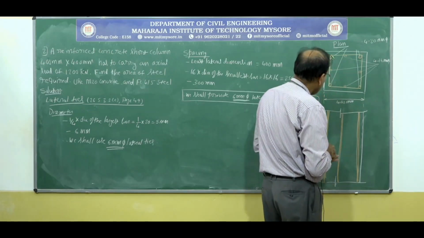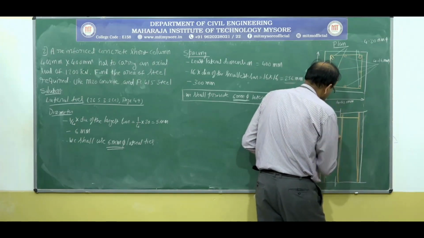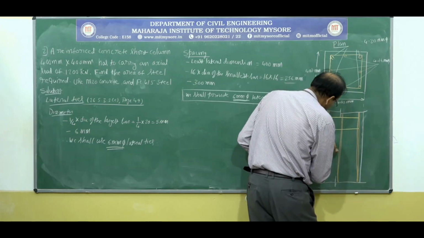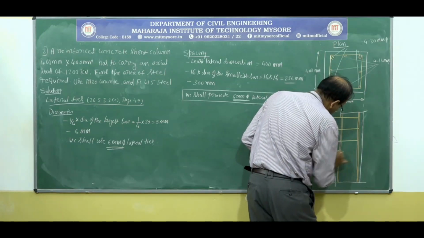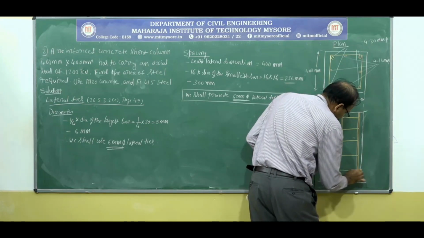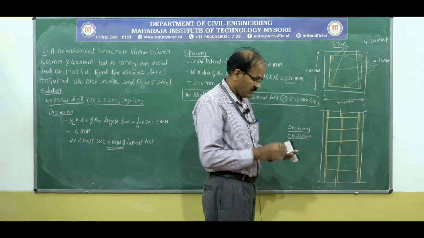So 6 mm dia lateral ties at 250 millimeter center to center.